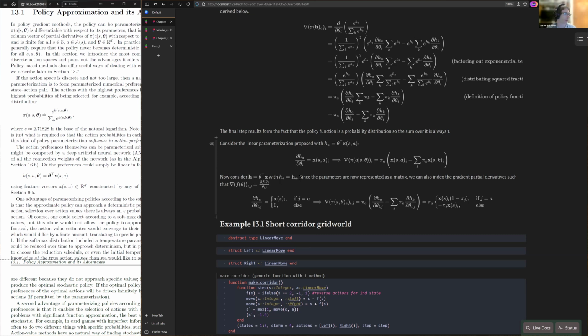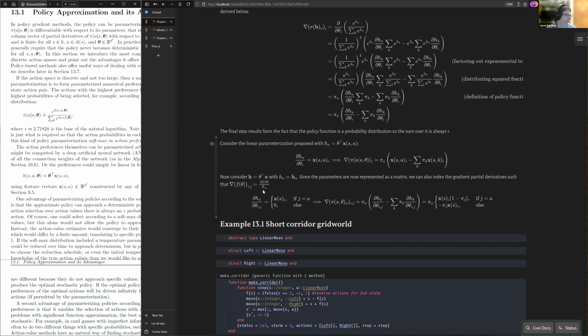I still have this component of the preference vector, but it's the result of this matrix-vector multiplication. Because theta is indexed by two different indices as a matrix, it's also convenient to index the gradient with the same two indices, because the only thing the gradient is doing is making sure we take a partial derivative for every component of theta.